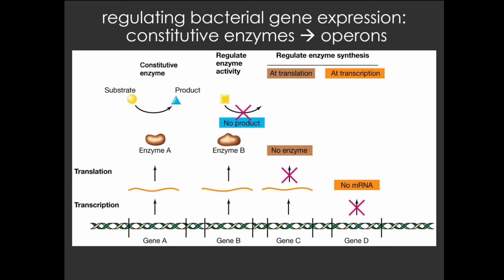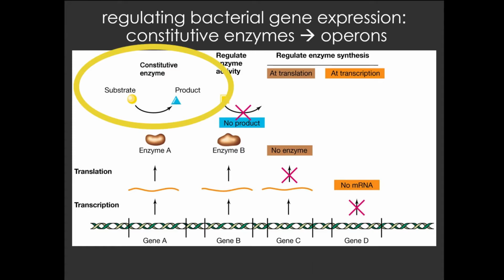And so what you'll see at the first level of enzyme regulation is that you have a gene, for instance, gene B, that is always transcribed, always translated, but the enzyme activity can be regulated based on a binding of a third molecule to the allosteric site of the enzyme. And so the allosteric binder actually can serve to turn on and turn off this enzyme. And we call that post-translational control because it happens after, or post, the translation of that enzyme.